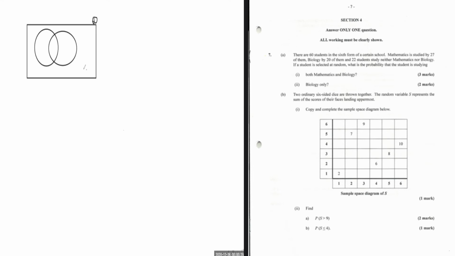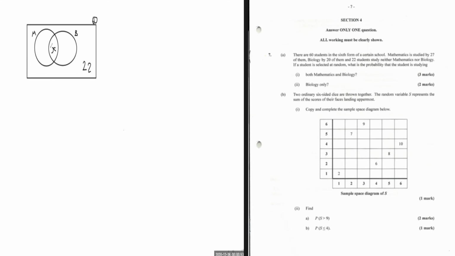So outside you have 22 students who decided that they don't want to do biology and mathematics. Now let's say this is mathematics M and this is biology B. Let's say X amount of students do both, all right? Let's just put it as X.